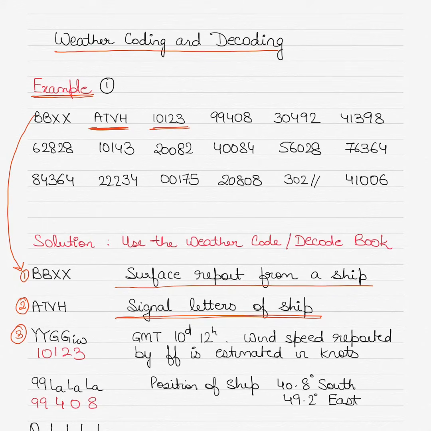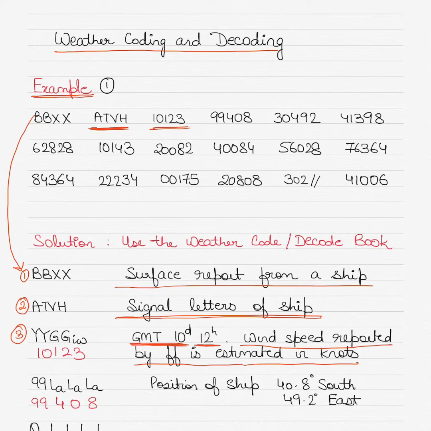What this stands for is the first two numbers stand for the GMT date, that is, it's the 10th, and the next two stand for the hour, which is 1 and 2, so it's 1200 hours, and the third one is the wind speed reported by force estimated in knots. Alright, now that is number 3. I'll show you how I deciphered all this.